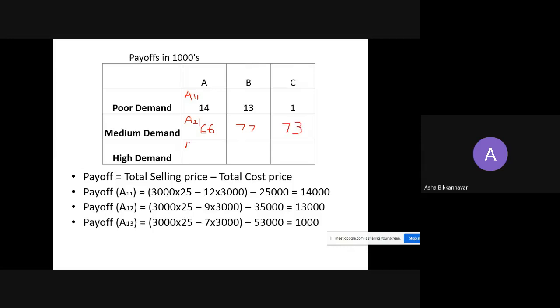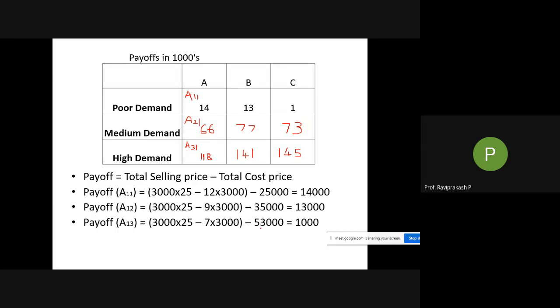Okay, next A31. 1,18,000. 118. Okay, next, 1,41,000. And the last one? 1,45,000. Okay. Okay, others, are you getting the same value?